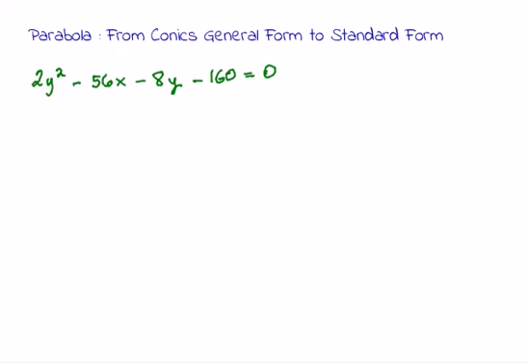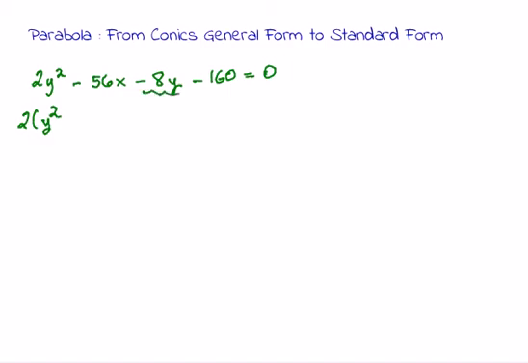Now, to get this in standard form, the first thing that we need to do is reorder the terms so that we can complete the square for the y. And I also notice that I've got a coefficient of 2 on the y squared term. I much prefer a coefficient of 1 when completing the square. So I'm going to go ahead and factor that out while I reorder the terms. So we're going to factor out the 2, and I'm going to have y squared. And then I see this minus 8y term.